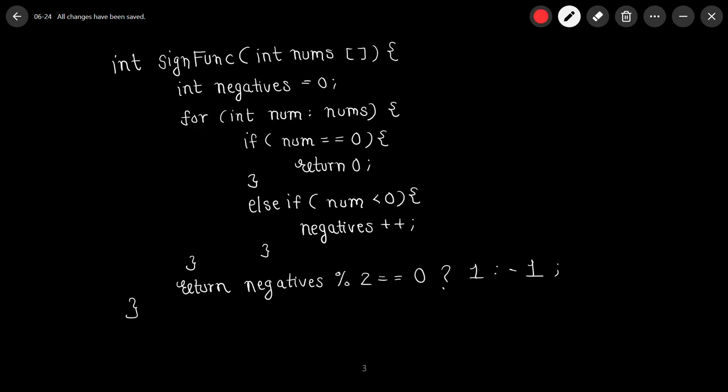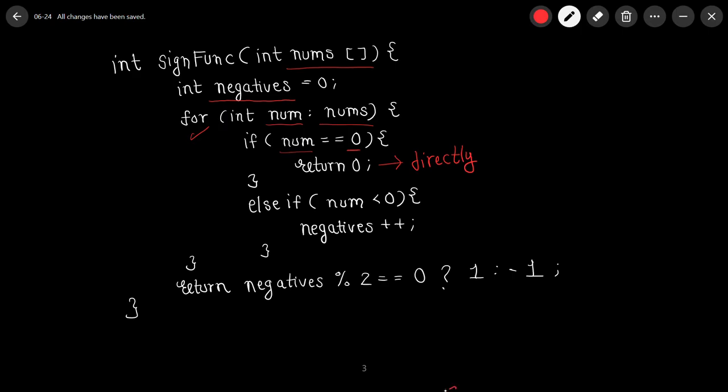So I've written the code of the sign function. It takes nums as a parameter, and we take one variable called negatives, which is used to count the number of negative values we have in our array. We process the array and check every element. If the number is 0, anywhere we encounter 0, we directly return 0 from here, because whatever the other numbers, once we get 0, the product will ultimately be 0 only.